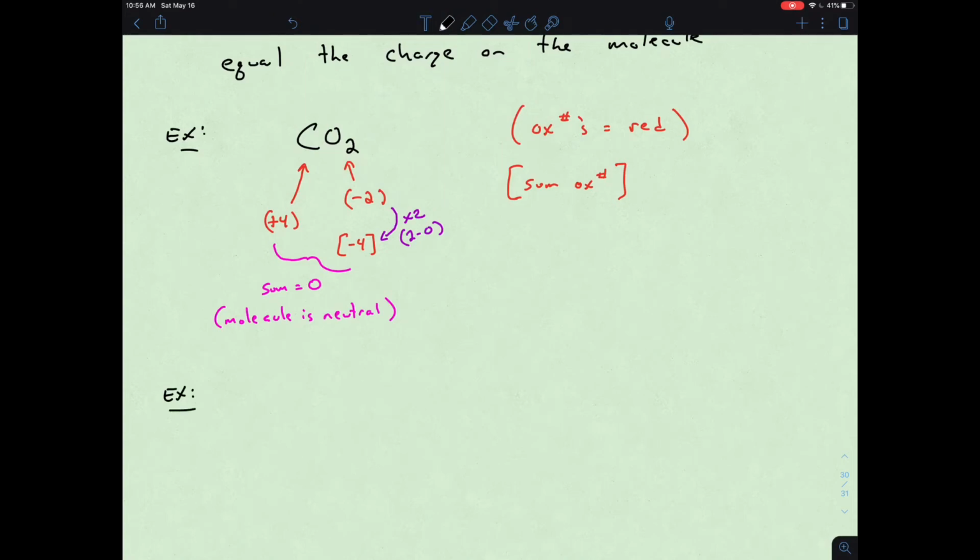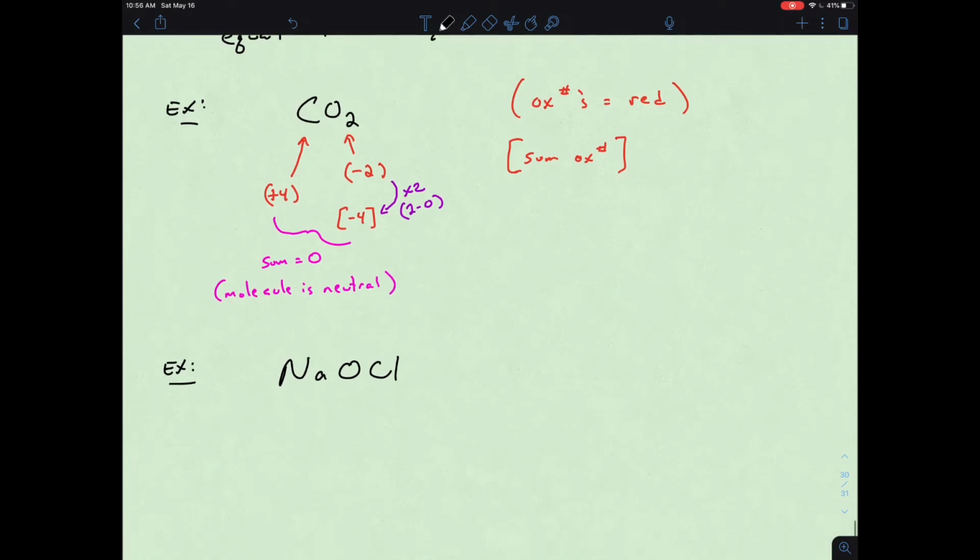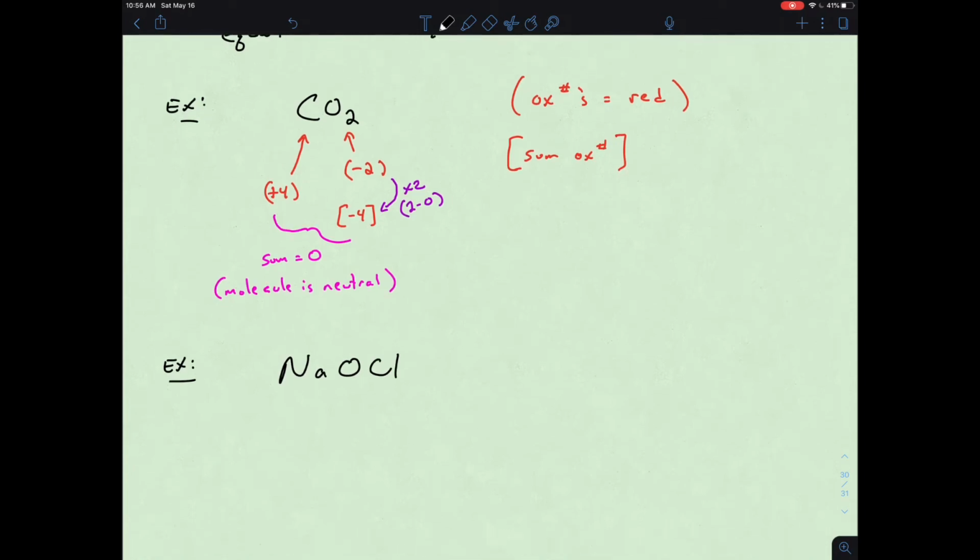Let's look at sodium hypochlorite. Our sodium has to be +1. There's our go-to metal. Here is our oxygen.